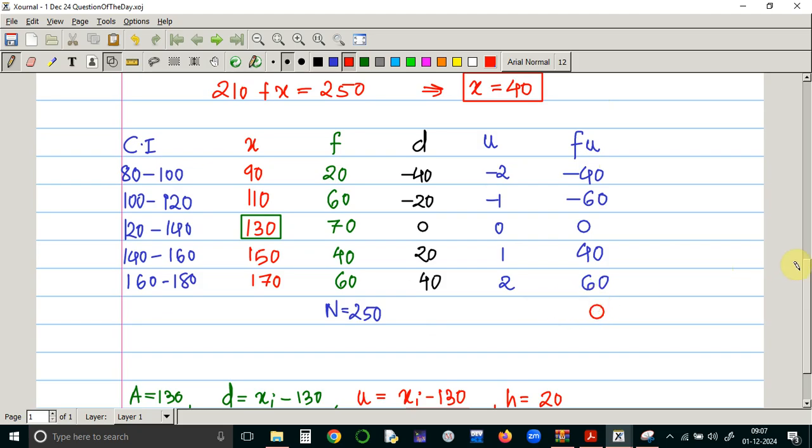Okay. Let's put this table in tabular form.